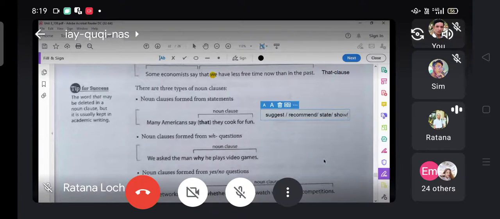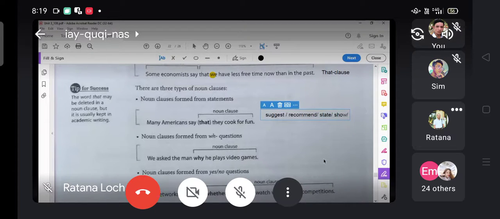Said that, mention that, suggest that, state that, ask that, you can see all of them. When someone asks you what kind of sentence that is, you can say quickly, suddenly, that is a noun clause, because I see that clause. So that is number one. I think that's easy for you.